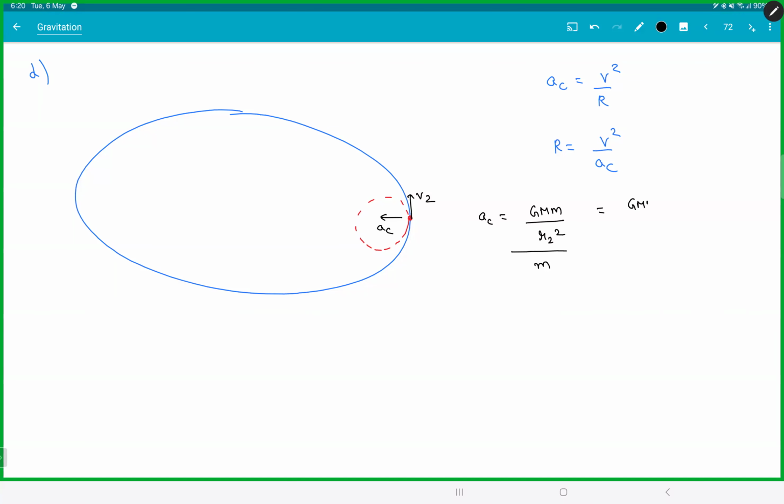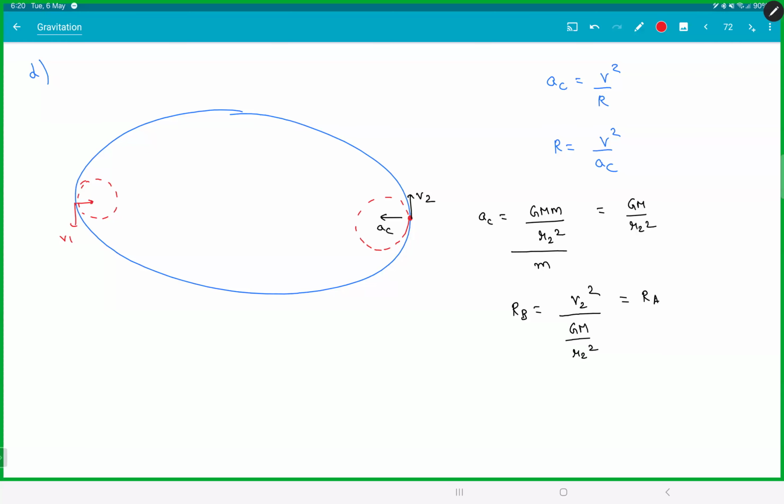The attraction force divided by mass gives you the acceleration. Therefore, the radius of curvature would be the speed there, v2 square, by GM by r2 square. And if you see by symmetry, it is the same thing here also. You'll get the same radius of curvature here and there.